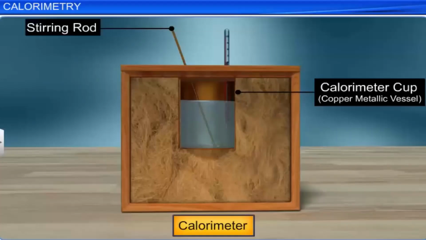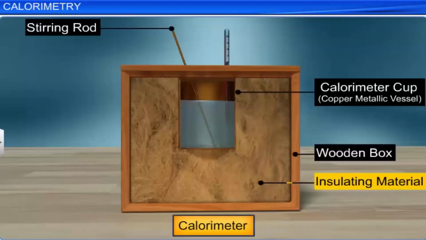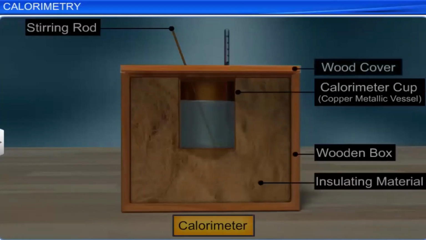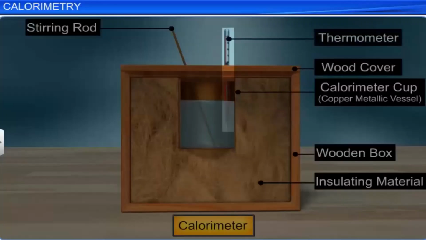The vessel is placed in a wooden box with insulating material surrounding the copper vessel in the box. This wooden box acts as a heat shield and reduces heat loss. There is a wooden lid on the top of the box, where there is a provision to place a thermometer and also to pass the stirrer through.